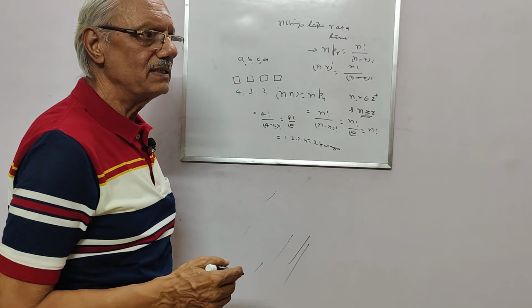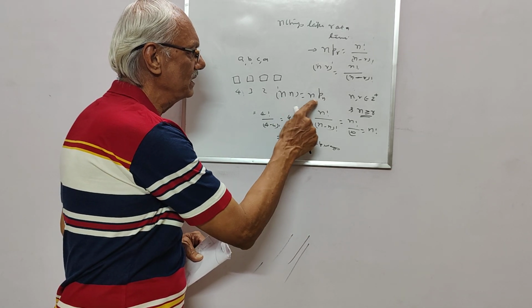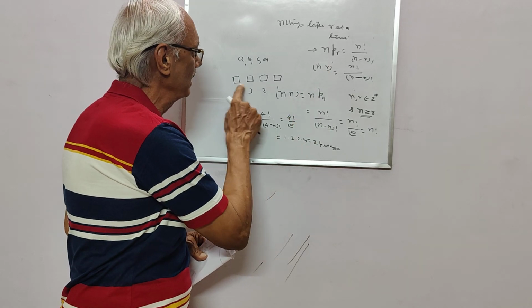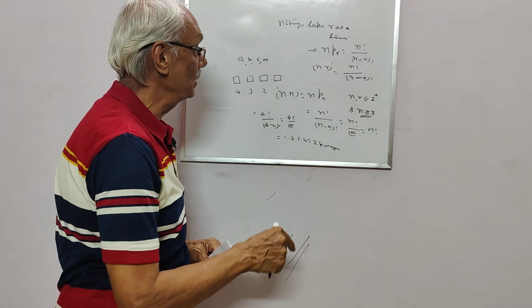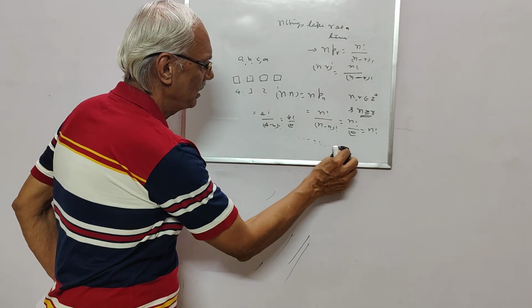So you see that this is what happens when you take r is equal to n, that means n factorial ways. Now let me take one more case in this.